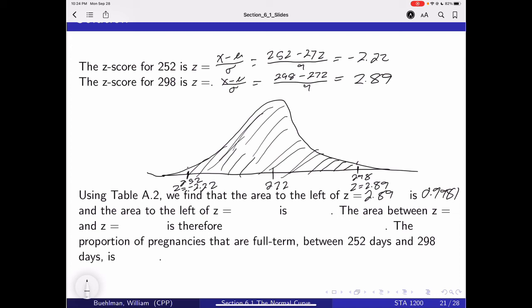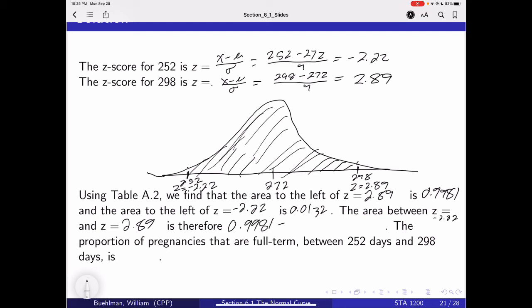So we need to figure that out. The area to the left of z equaling negative 2.22 is 0.0132.